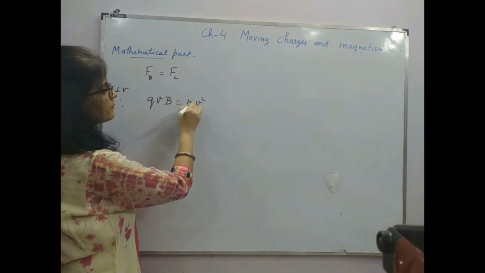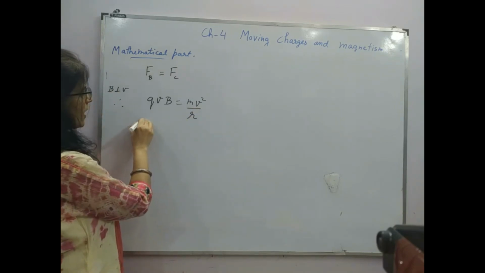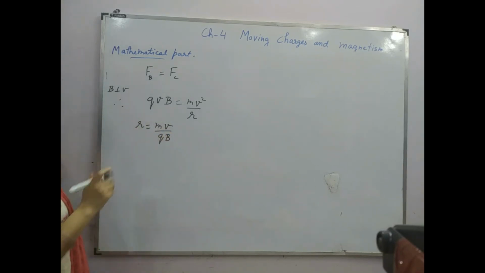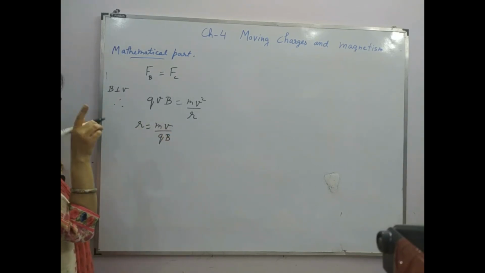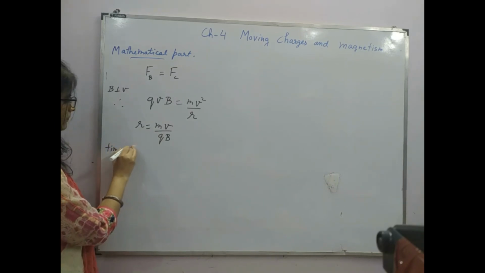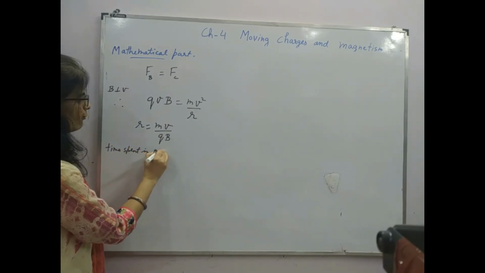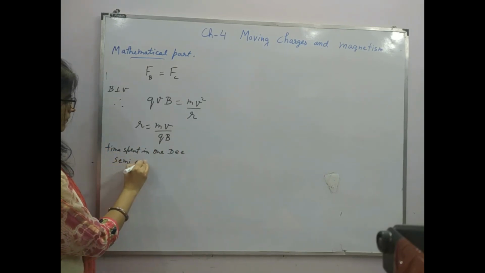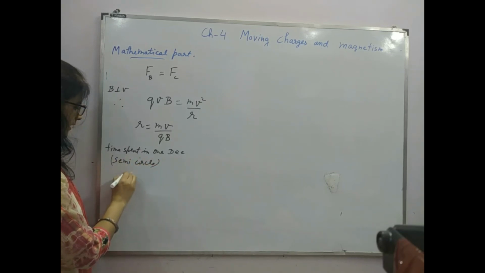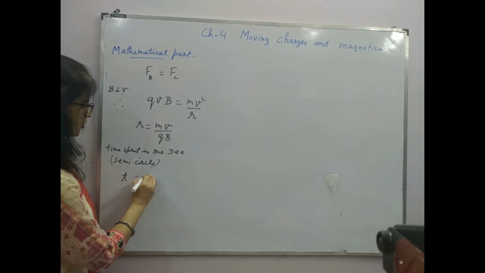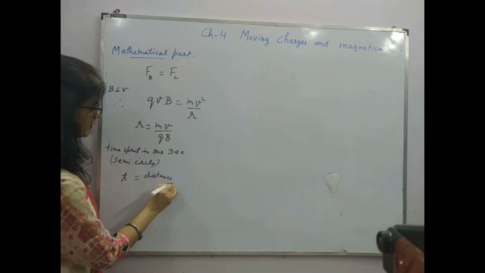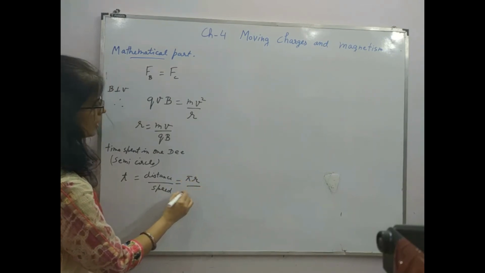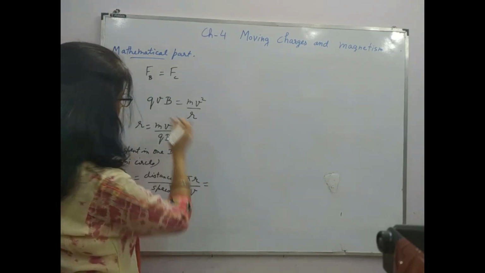It provides this, so r is mv upon QB. Now we are talking about the time spent in one D. That will be a semicircle. So let's say this time is t. Time is distance upon speed, which is pi r upon speed v.